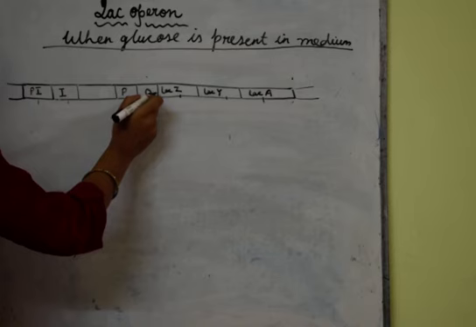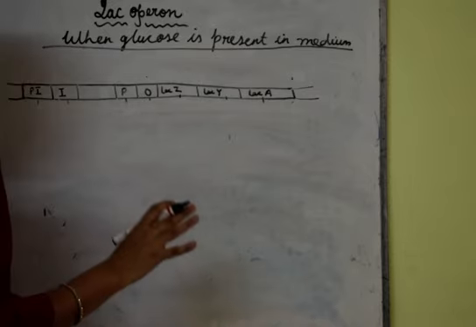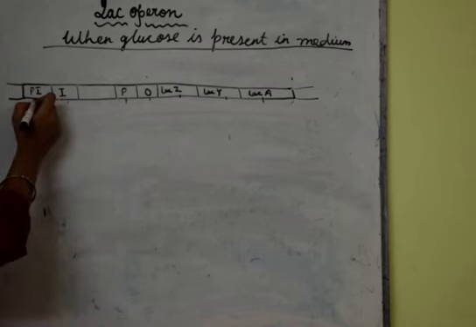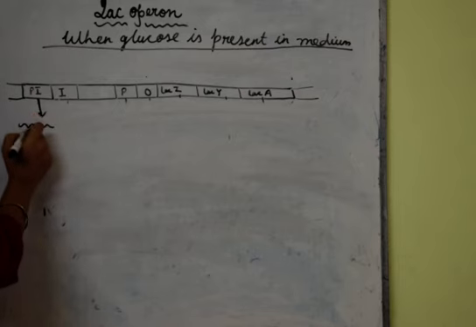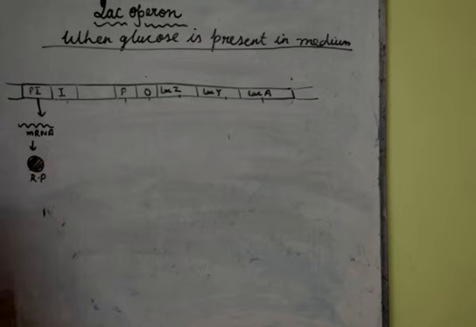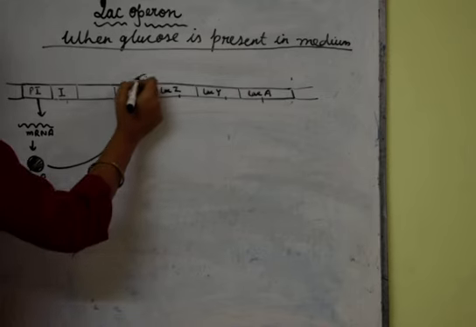In this operator region, this inhibitor, when glucose is present in the medium, need not function, so the operon needs to be switched off. What will happen? The inhibitor will produce the mRNA. From here we will get the protein, that is the repressor protein. This repressor protein will bind with the operator over here.